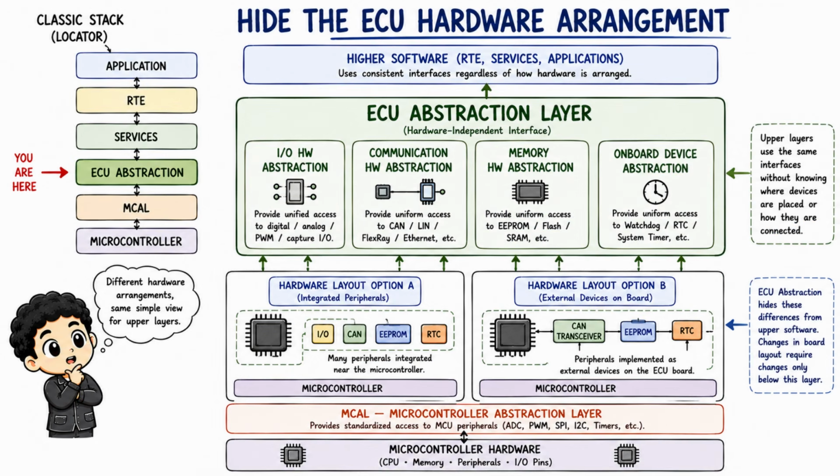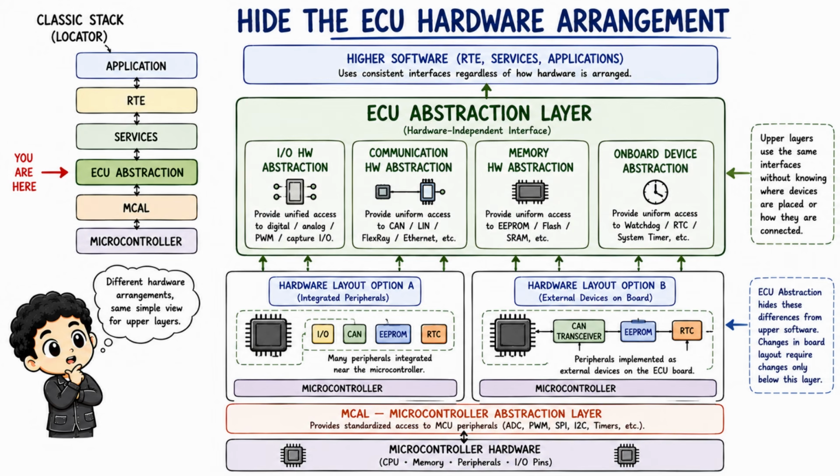Below services is the ECU abstraction layer. Its job is to hide details of the ECU hardware arrangement from the layers above. An external device might be connected through one microcontroller peripheral on one ECU design and through a different arrangement on another. ECU abstraction provides standardized access patterns so upper software doesn't need to understand every board-level detail.